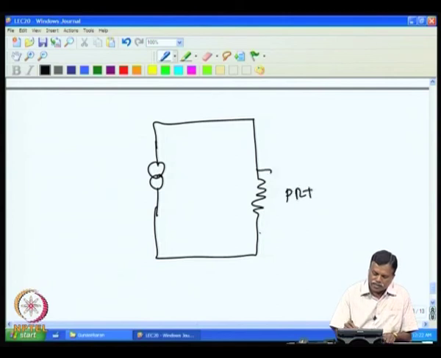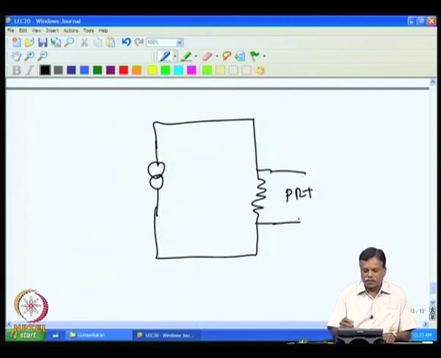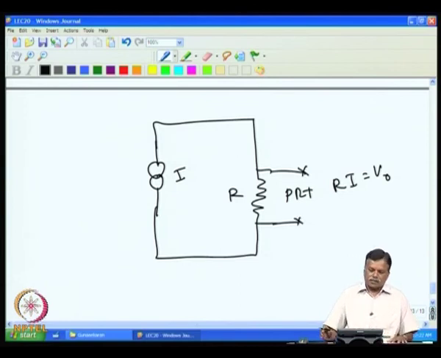Then the voltage across this will give me the PRT resistance and the corresponding temperature. If this is the current source I and this is R, then R into I is the voltage output that comes across this. So, we get the voltage across this, which is actually proportional to the resistance value.